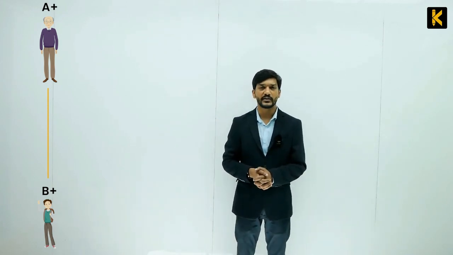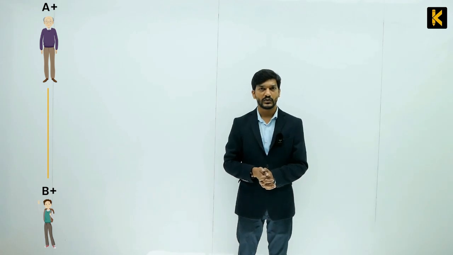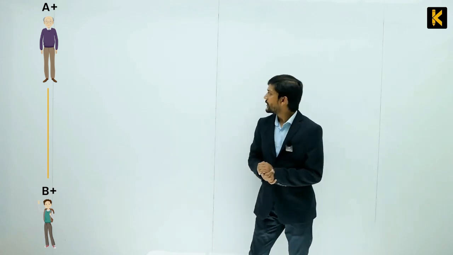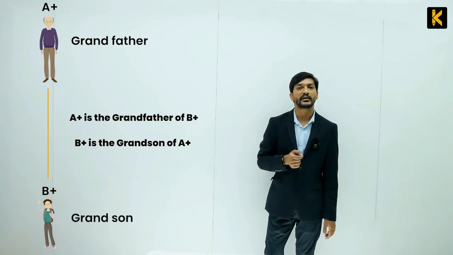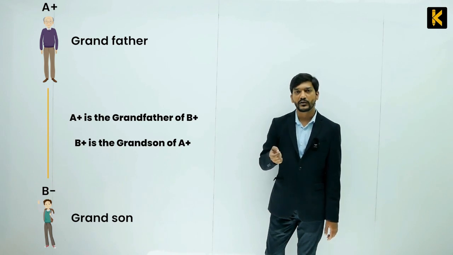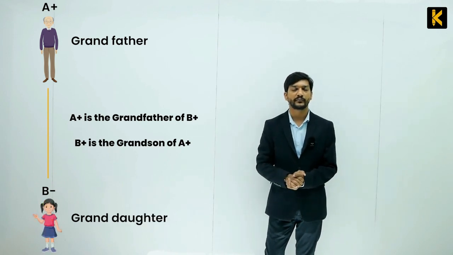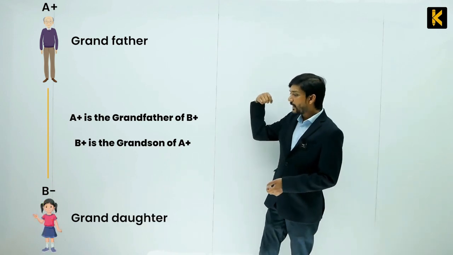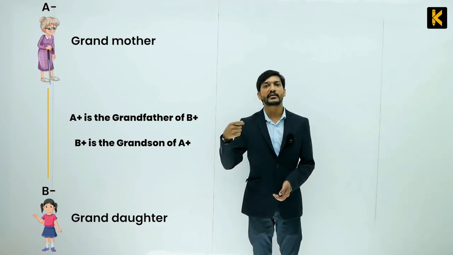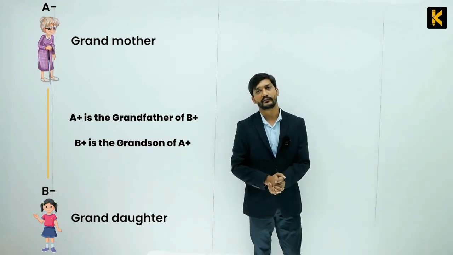What kind of relation will be there? I hope you are saying, sir, A should be the grandfather and B should be the grandson. In case B is a female, you will say B is the granddaughter. In case A is female, you will say A is the grandmother.